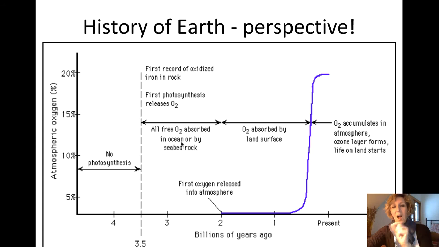But there was no oxygen in the atmosphere, or very, very little oxygen in the atmosphere in early Earth. And notice this is the level of oxygen. Notice that it took several billion years for the amount of oxygen that we have today to begin to accumulate in the atmosphere. So my point is this: when photosynthesis evolved, there was not a lot of oxygen around.